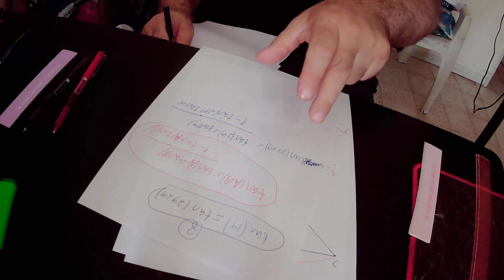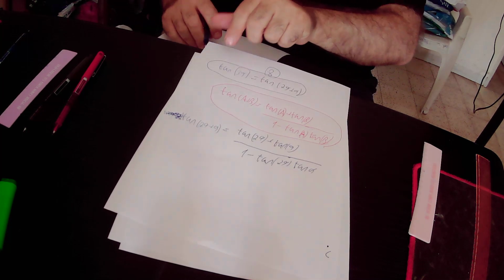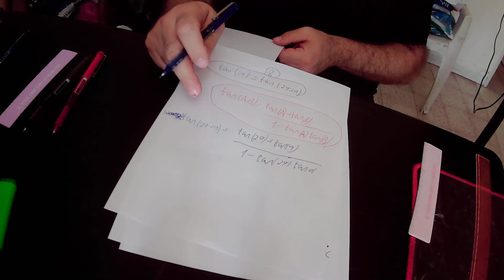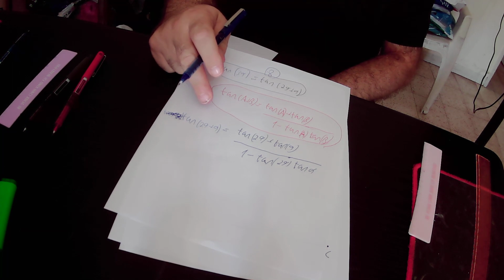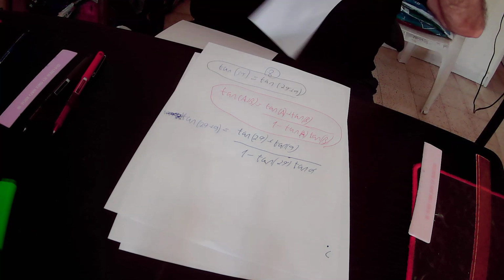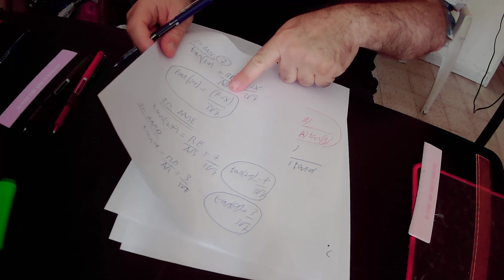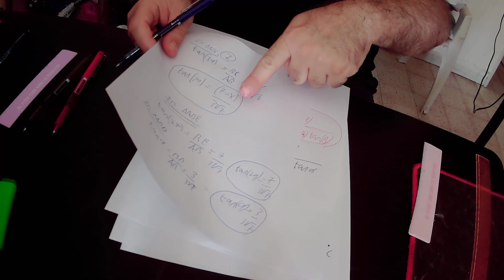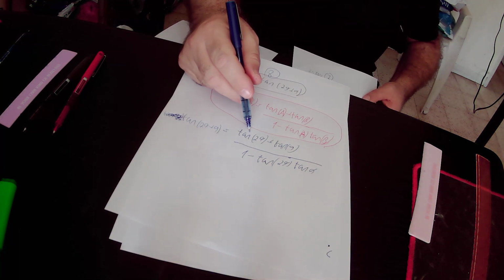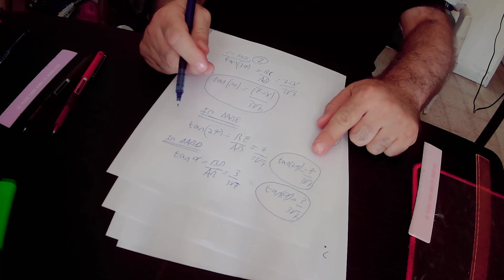So in this equality, we will substitute tangent 2 alpha plus alpha, that is actually tangent 3 alpha, by the value of tangent 3 alpha, that is 7 plus x over 3 times root 7, and we will substitute the value of tangent 2 alpha by the value that we found for tangent 2 alpha.